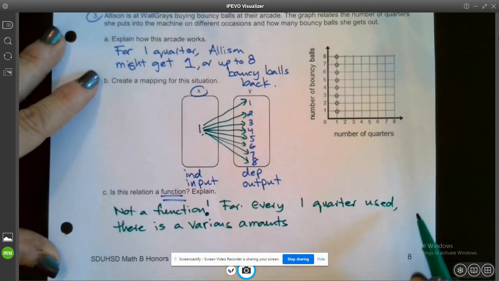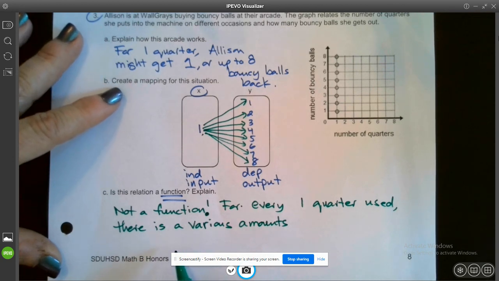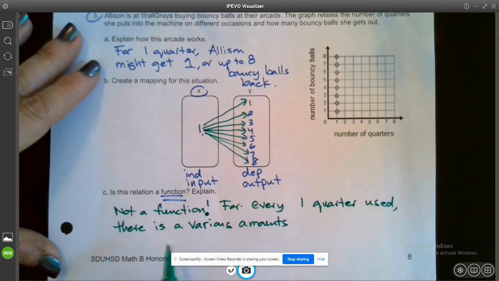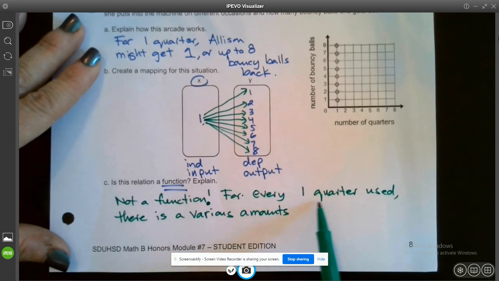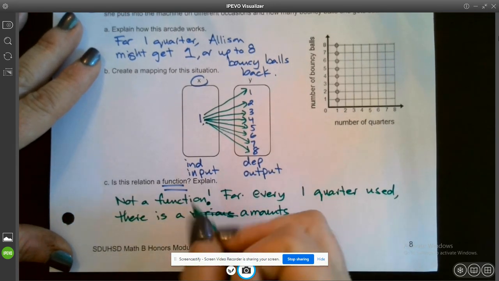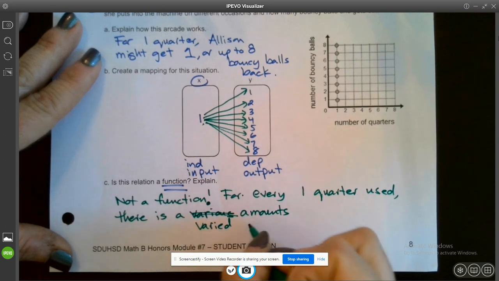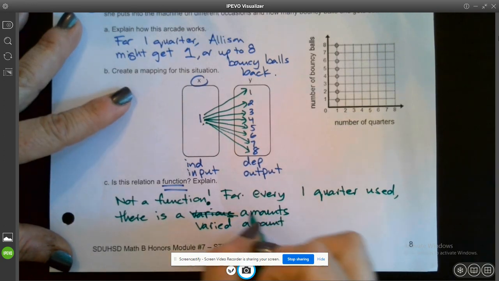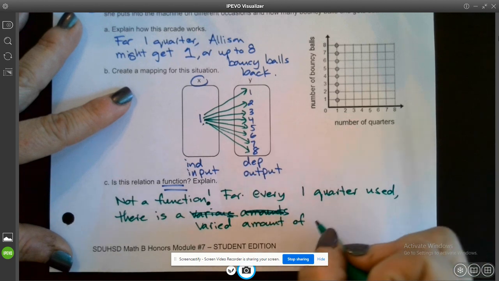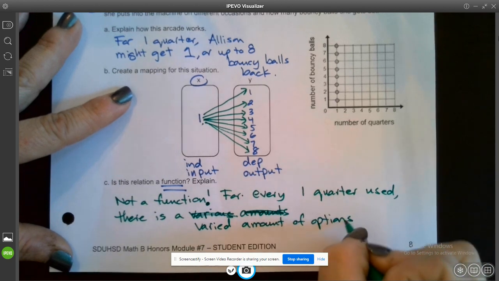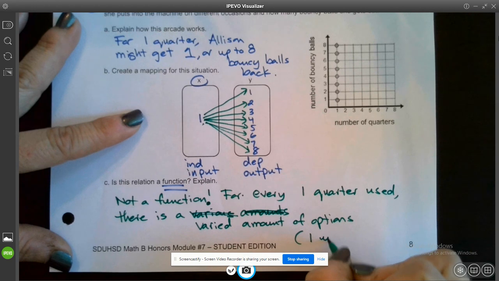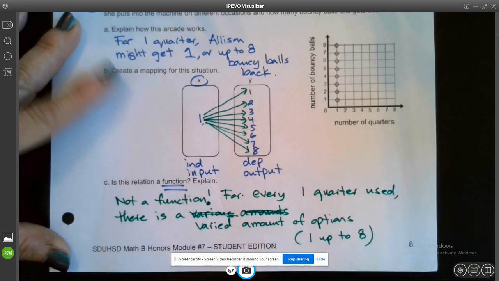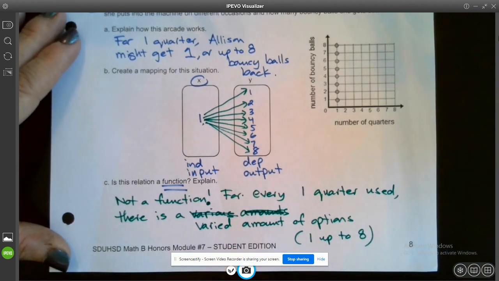For every 1 quarter used, there is a varied amount of options. She can get 1 up to 8 bouncy balls. And again, if it's not exact and I don't have an exact number, then it's really messed up. It's not a function. I do not like the way I wrote that, but I'm gonna let it go. So for every 1 quarter used, there is a varied amount of options, okay?